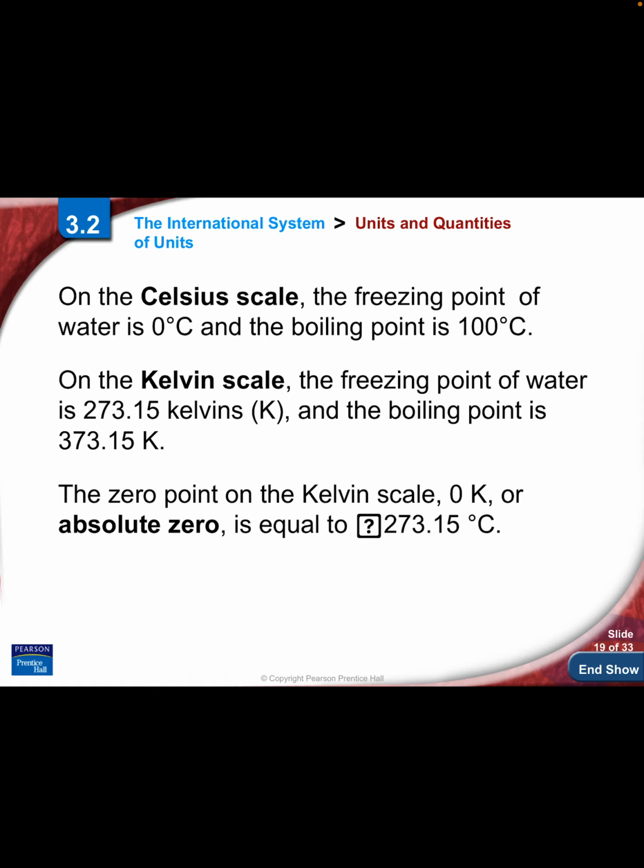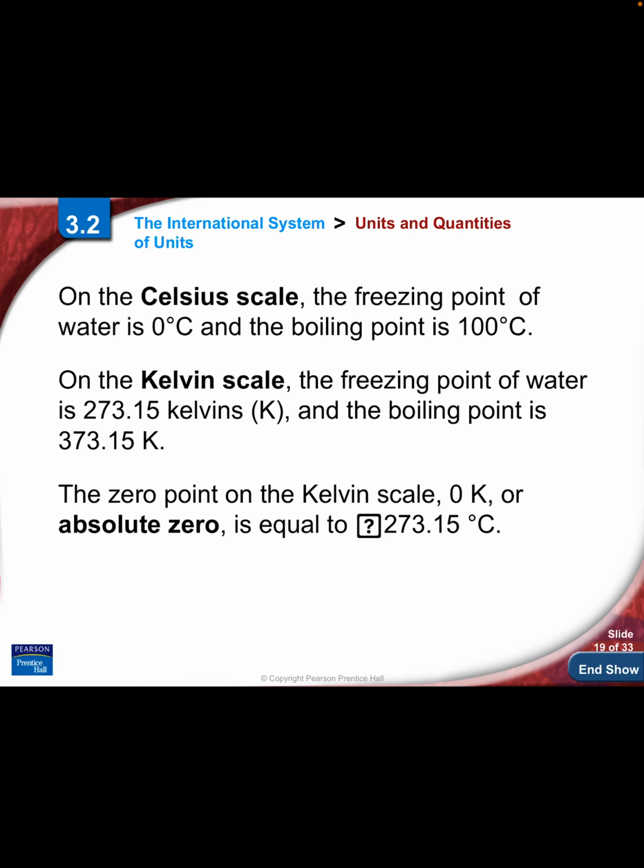We also find it convenient in chemistry to use the Kelvin scale. And in this case, the Kelvin unit, the degree Kelvin, although we're not supposed to say degree Kelvin, it's just a Kelvin now. We still say a degree Celsius, but it's just a Kelvin, not a degree Kelvin. The Kelvin and the degree Celsius have the same magnitude.